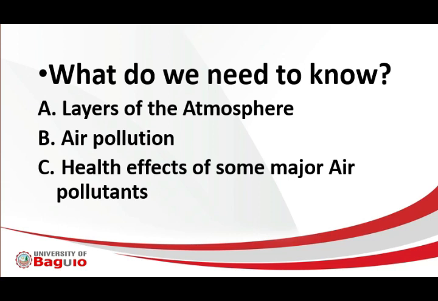When we talk about air pollution, there are always health effects or health risks. I'm also going to present related information on how we can control air pollution here in the country and globally. Now let us proceed with our definition of terms.